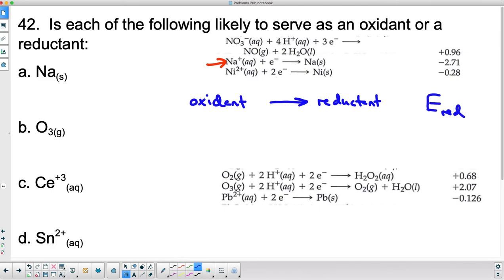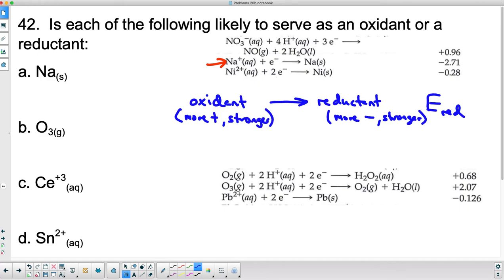If I have a reductant on the right-hand side, the more negative, the stronger. So that means if it's positive, it's weak, but the more negative it is, the stronger. If I have an oxidant on the left-hand side, the more positive it is, the stronger.